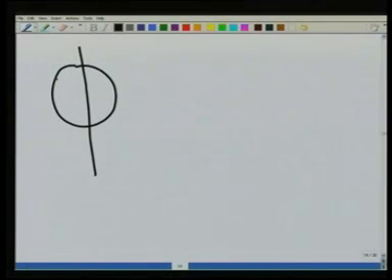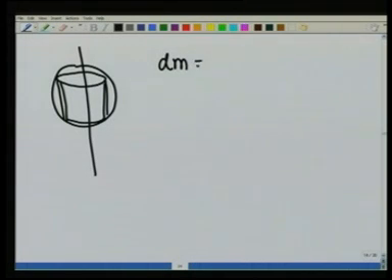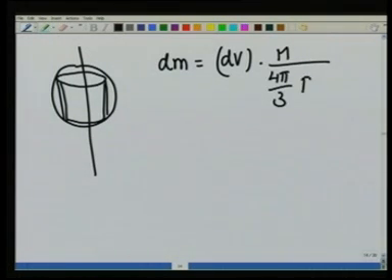For this, what I am going to do is take a cylindrical shell around the diameter, so that the mass of this cylindrical shell is going to be its volume, let us call it dV, times the density, which is going to be M over 4 pi by 3 R cubed.